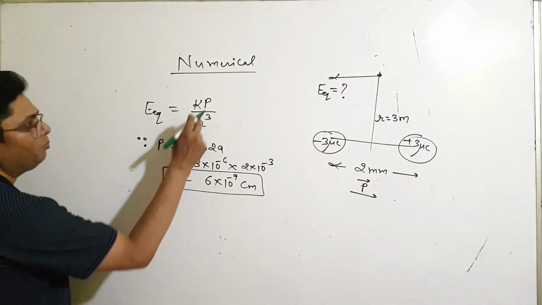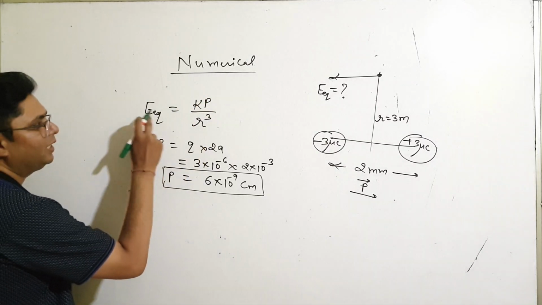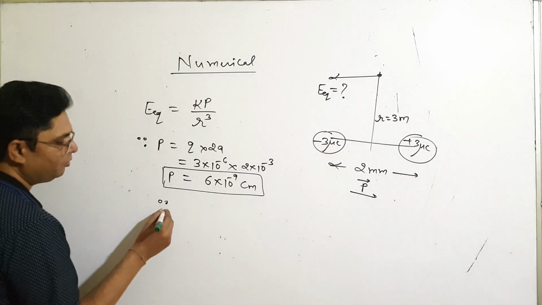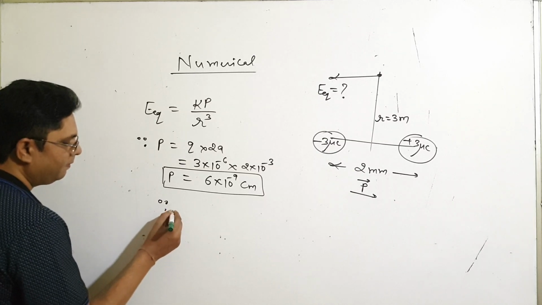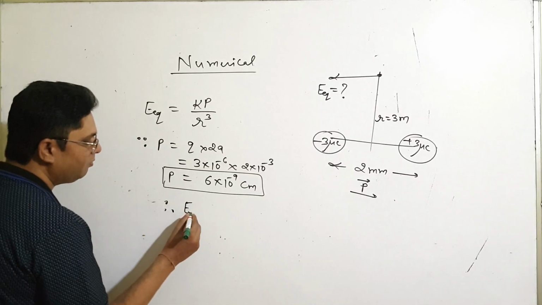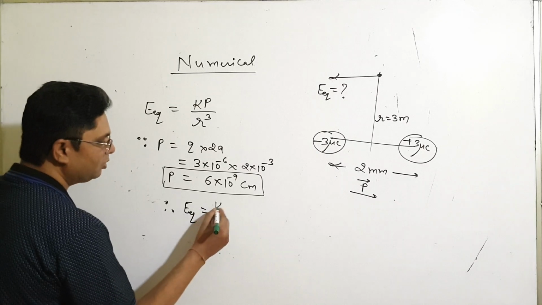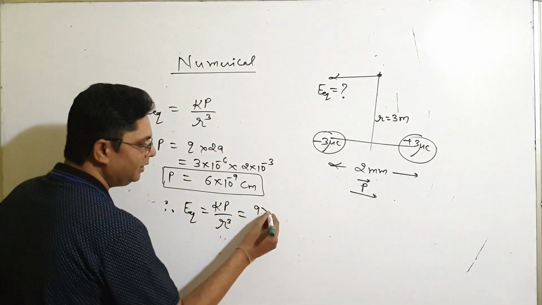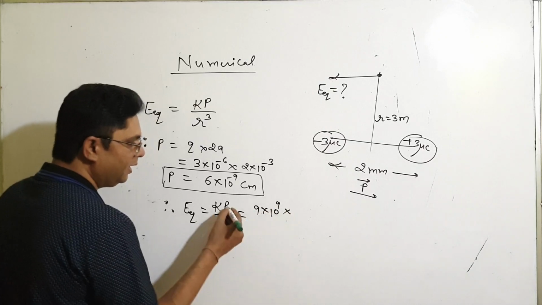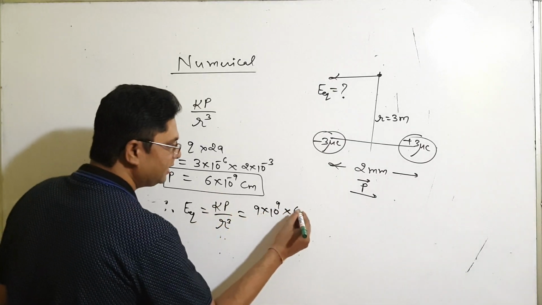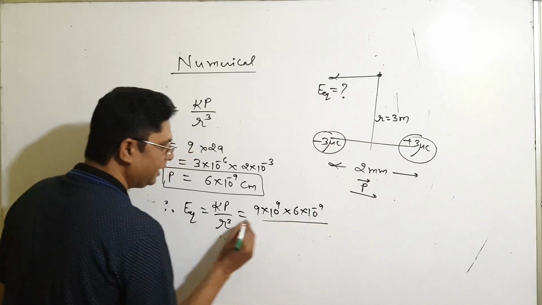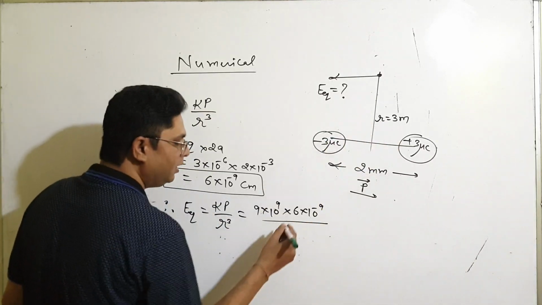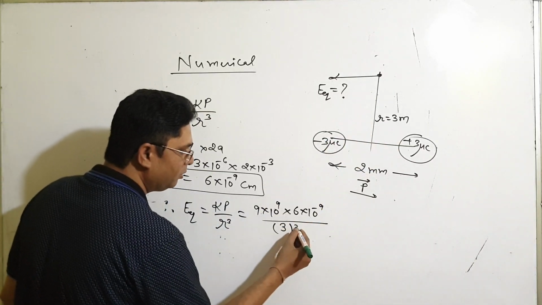Now put the value of P here and put the value of R, you will get the value of E equatorial. Therefore E equatorial is equal to Kp upon R cube. The value of K is 9 into 10 to the power 9. The value of P is 6 into 10 to the power minus 9 and R is 3 meter, so it is 3 whole cube.